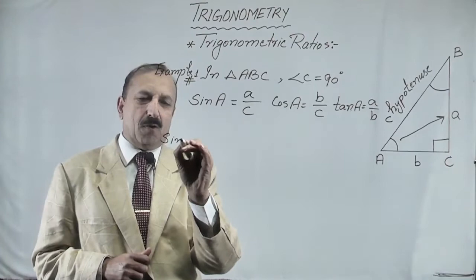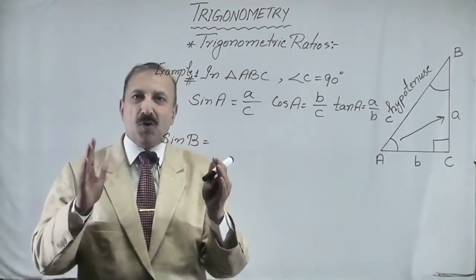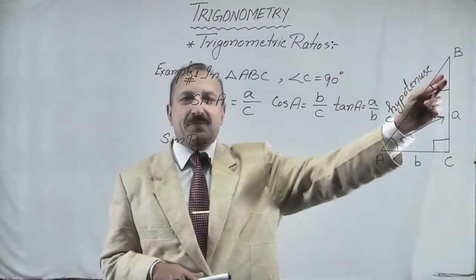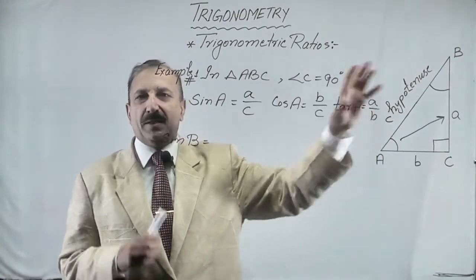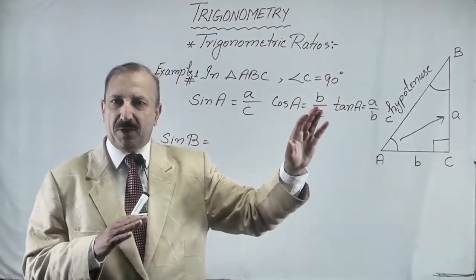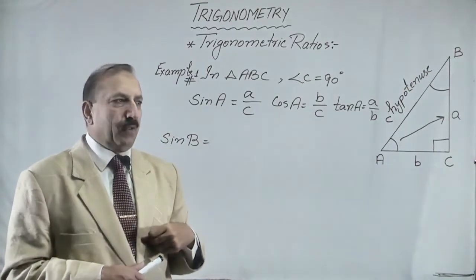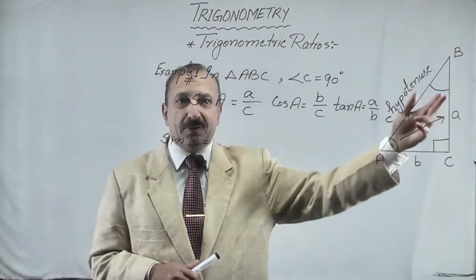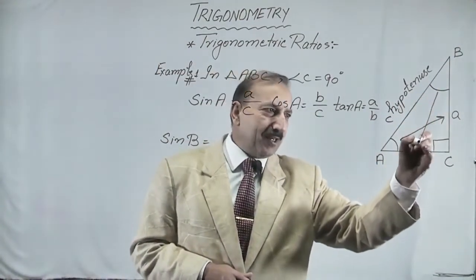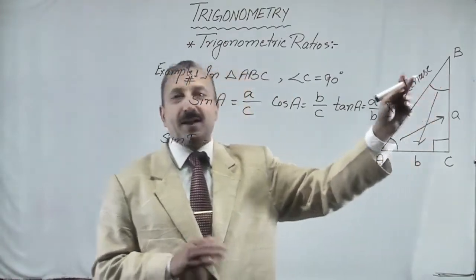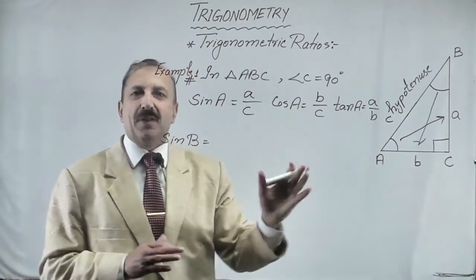Now we want to write the ratios of sides according to this angle B. Keep in mind that the hypotenuse will remain the same because it is opposite the 90 degree angle. But the other two sides are now flipped. This angle has its opposite side here. Now according to angle B, the opposite is B, then A will become adjacent.